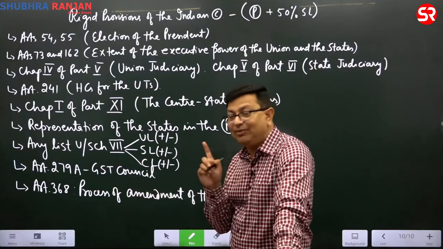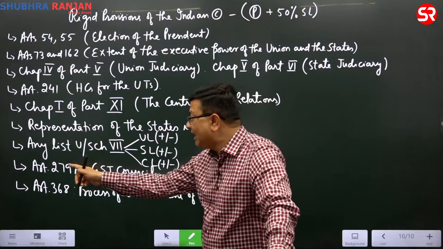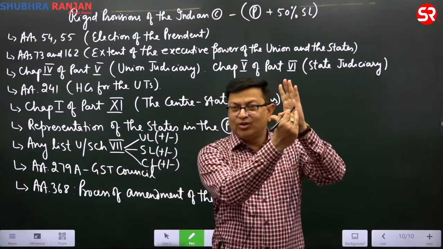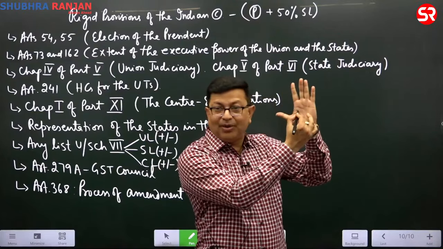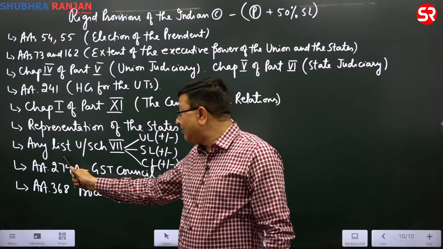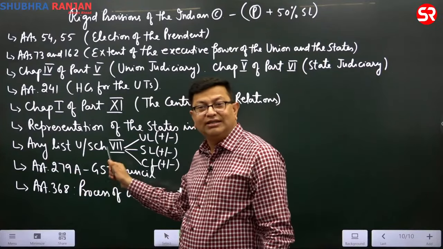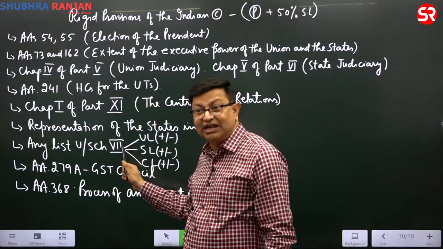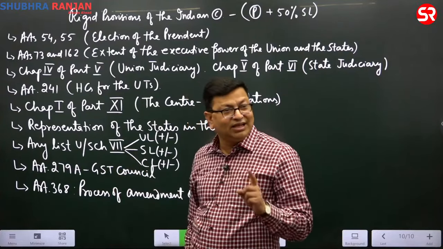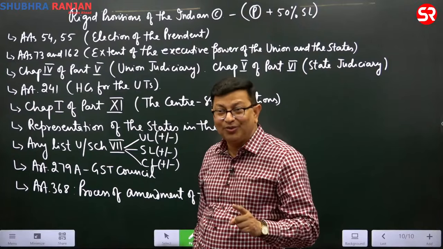No changes can be made in Article 279A, where the composition and the functions of the GST Council have been mentioned, without the consent of 50% of the states, because the GST Council takes decisions for the states also.